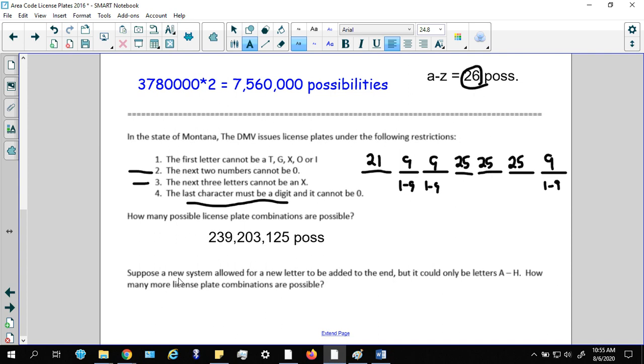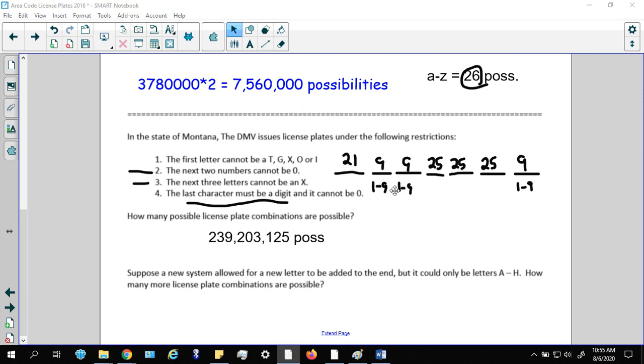It says, suppose a new system allowed for a new letter to be added to the end, but it could only be letters A through H. I've kind of run out of space here, let's see if I can move stuff. And I could. I'm just going to use a different color here.